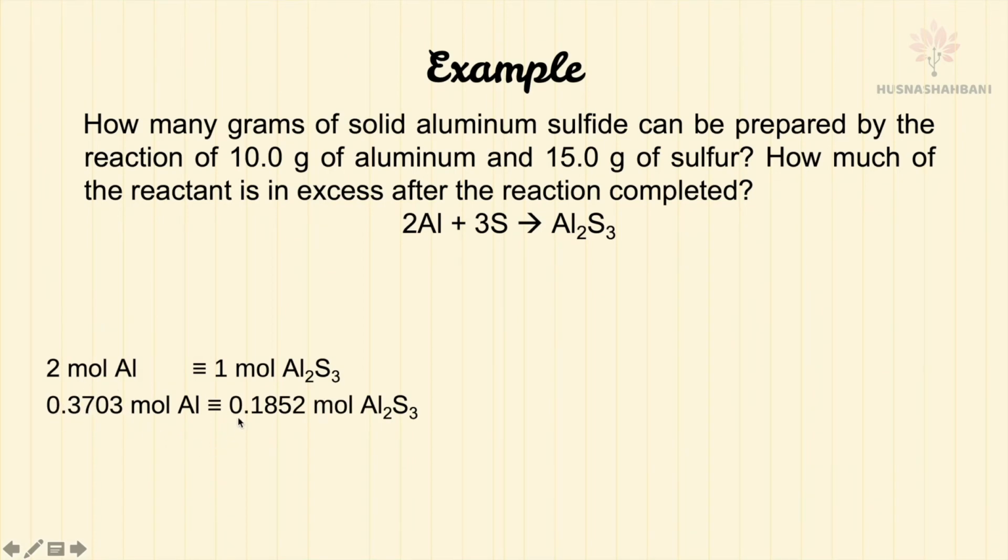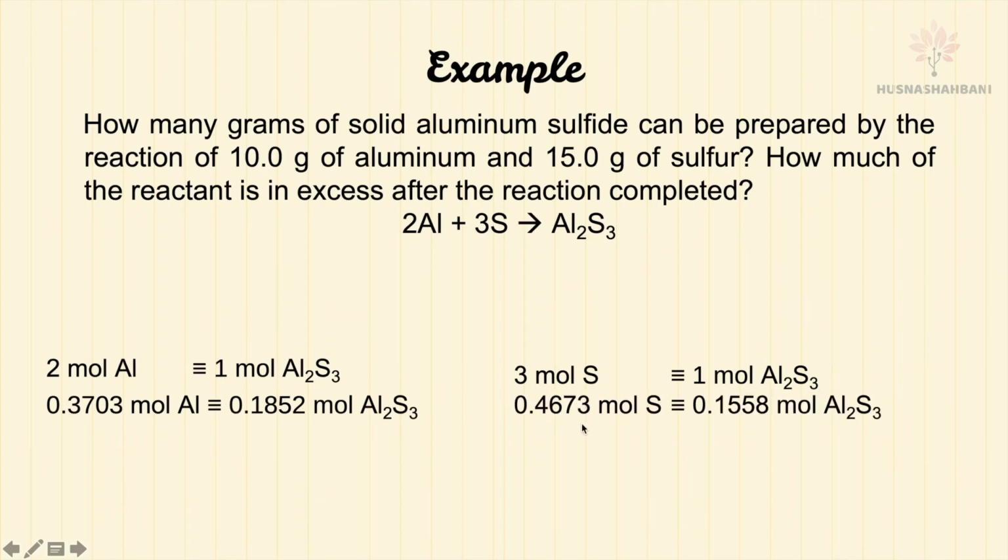Do cross multiplication, you get the number of mole of Al2S3. You have to find the limiting reactant first because we have both information. We don't know to compare with which reactant because we don't know the limiting reactant, so we have to find the limiting reactant first. 3 mole of S produces 1 mole of Al2S3.